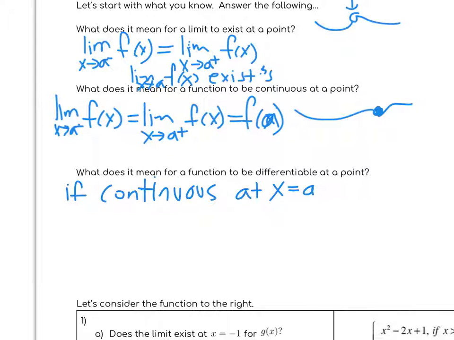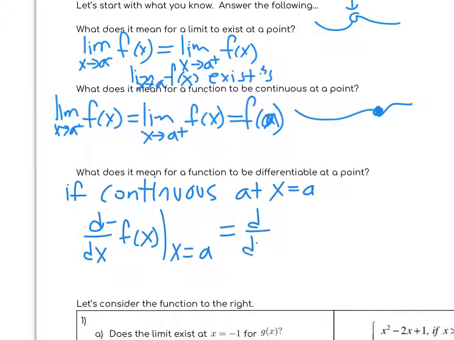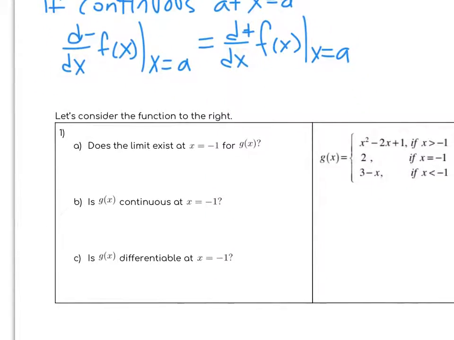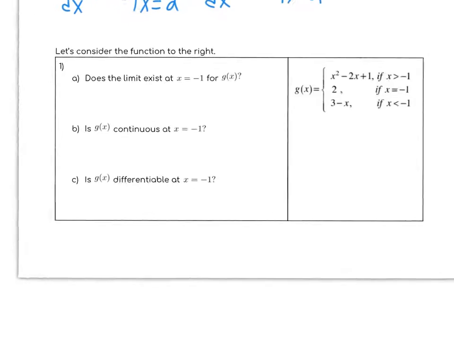We could do this using the definition of the derivative, or we can use some less lovely notation, which is saying that the derivative from the left of f of x at x equals a must be equal to the derivative from the right of f of x at x equals a. And ideally we use some kind of better notation for this, but this will do for now.